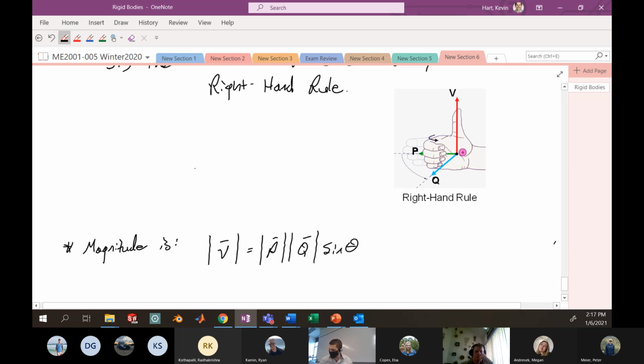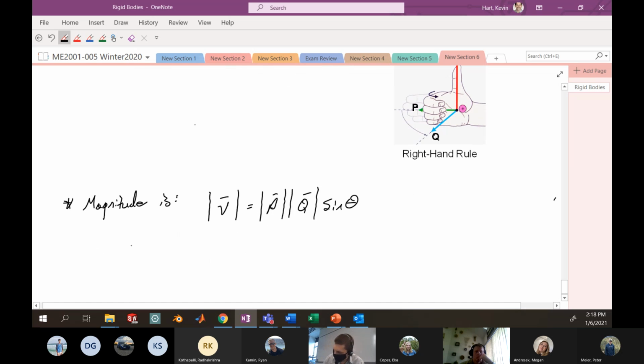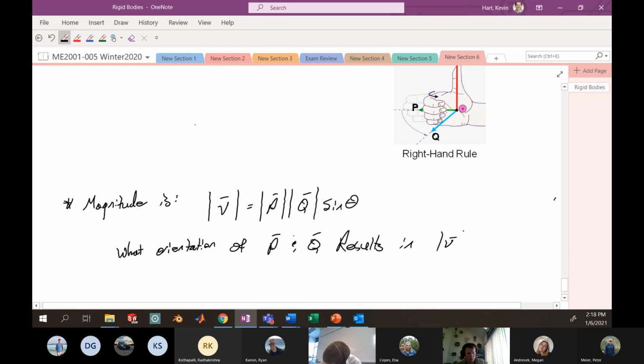So I have a challenge question for you: what orientation of P and Q results in the magnitude of V equal to 0? I've already mentioned one of them.